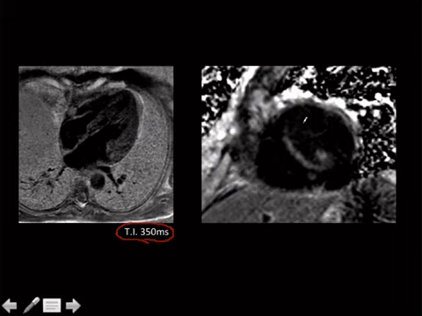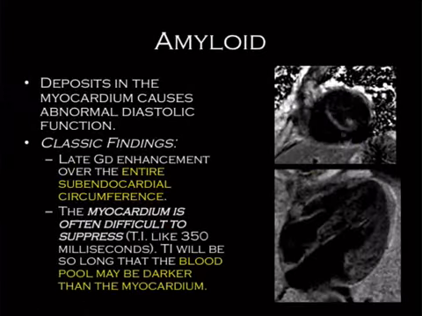And this is our post-contrast enhancement imaging here, and we're seeing nearly circumferential enhancement, and if we went up and down a few cuts, it would look even more like that. So this is amyloid. It can be either primary or secondary amyloid that involves the heart.